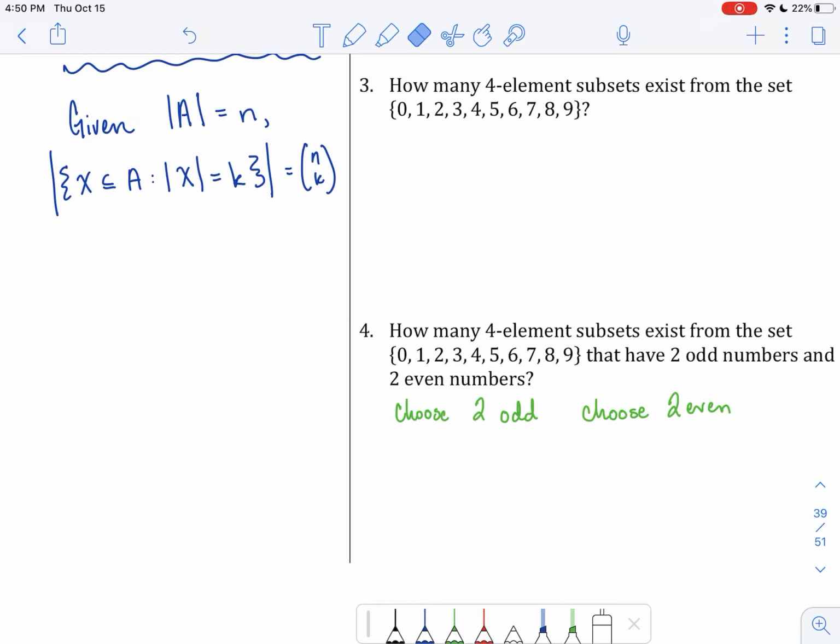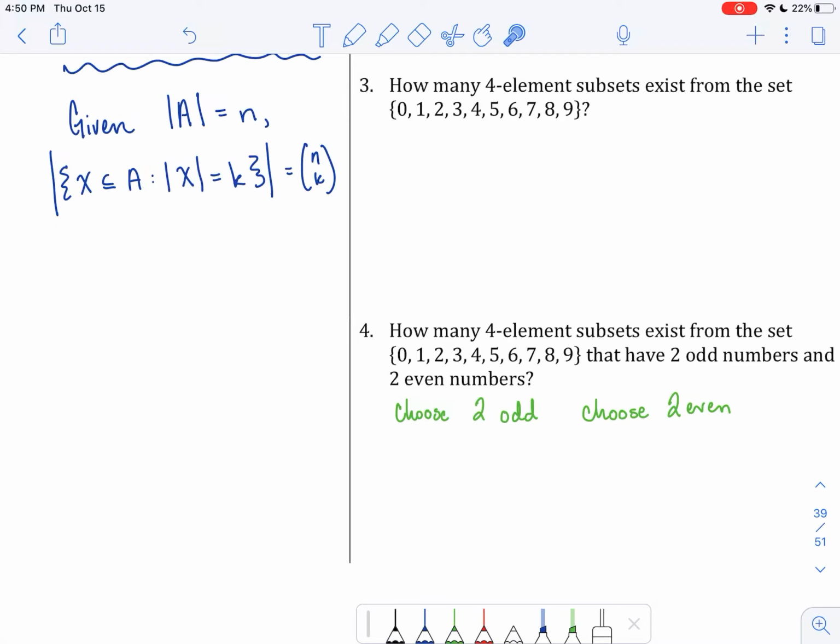And here's a helpful fact: given the cardinality of A is equal to n, if you have a subset of A with cardinality k, meaning a subset of A with k elements, the number of those subsets is equal to n choose k.